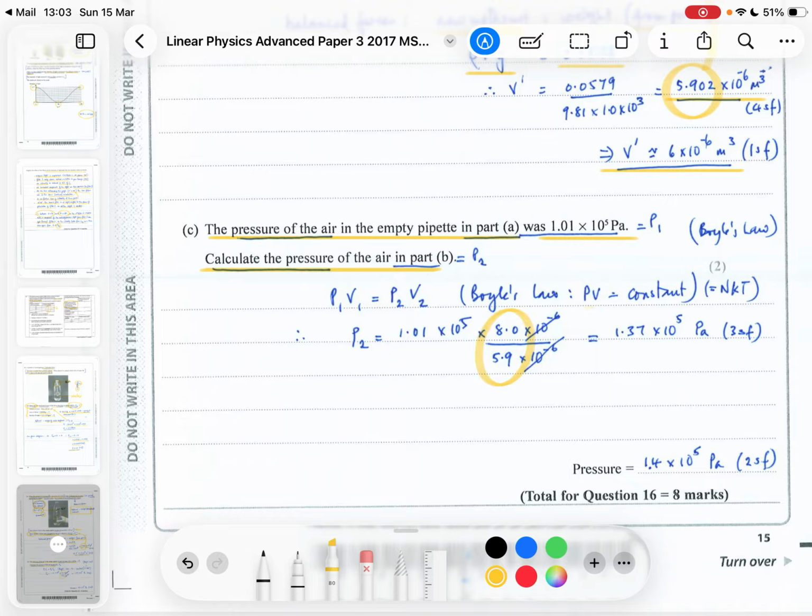And it's basically PV is a constant because PV equals NkT. So you can just use your GCSE knowledge and you'll see, if you can follow my method to two significant figures, it should go up to 1.4 times 10 to the 5 pascals.